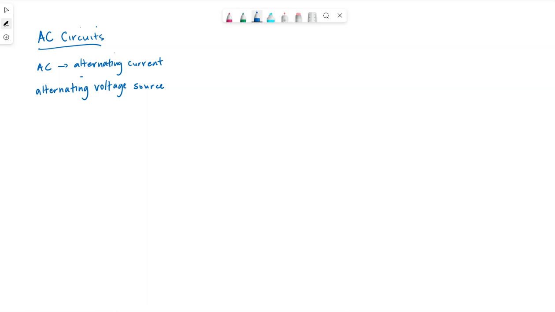So alternating voltage source and alternating EMF. So what we're saying by this is that the voltage or EMF supplied to the circuit is alternating with time.